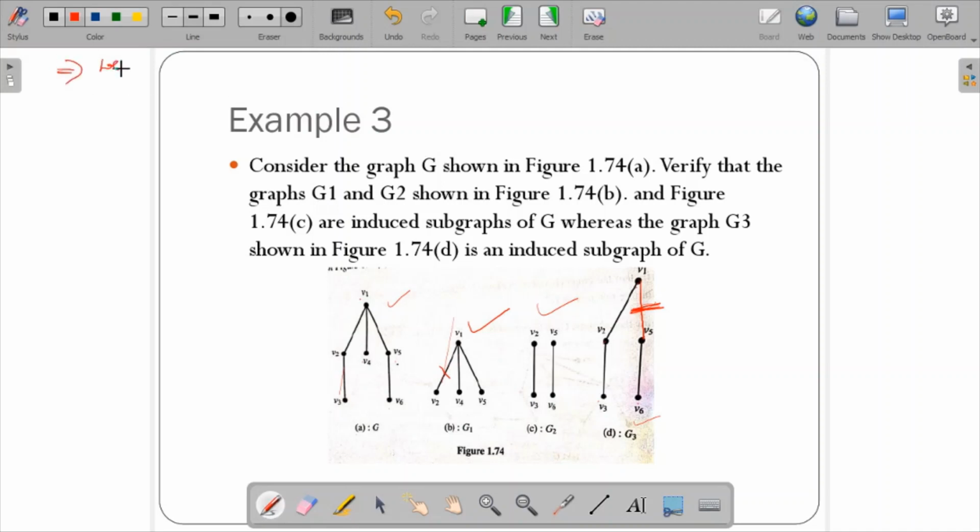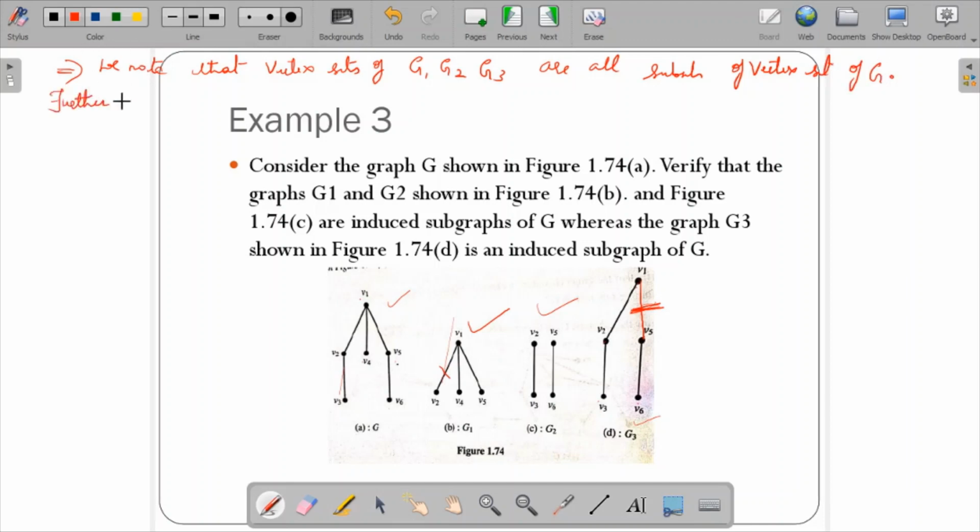I'll write the statement over here. We note that the vertex sets of G1, G2, G3 are all subsets of the vertex set of G, and all edges in each of G1, G2, G3 have the same end vertices in G as in this.